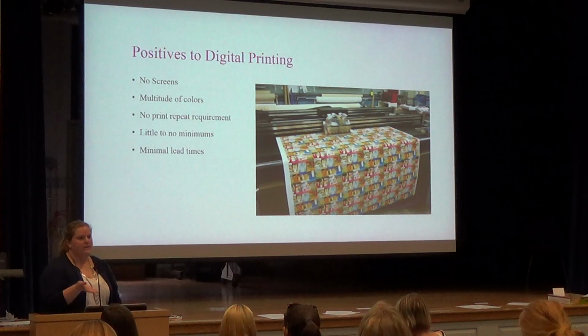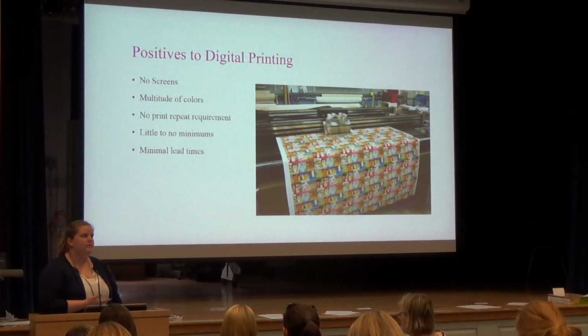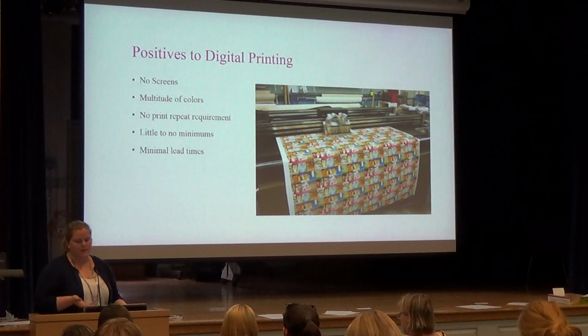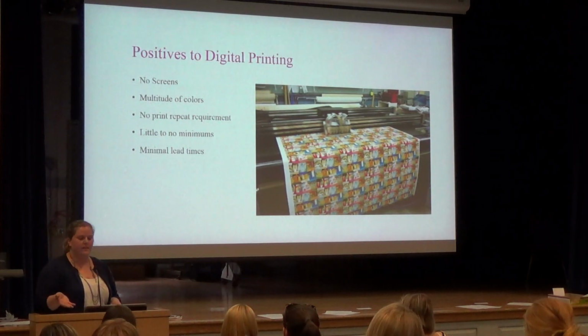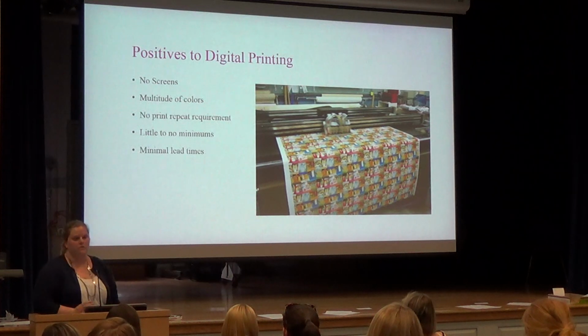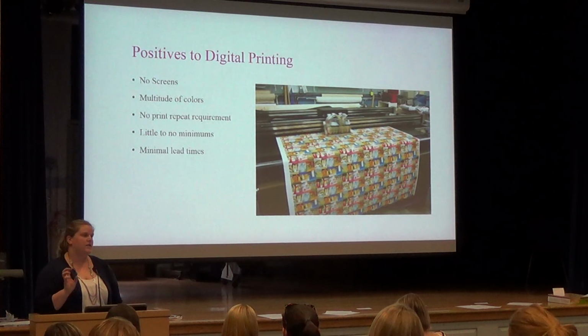Digital printing, as I said before, you can have 14,000 different colors. With screen printing, you're limited by the number of screens that you can have, so approximately 6 to 12 screens on a pattern. So you could have 12 colors, whereas in digital printing, you can have as many as you want. There's also no print repeat requirement.